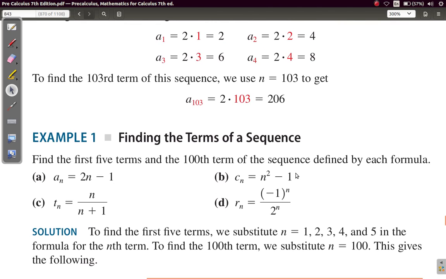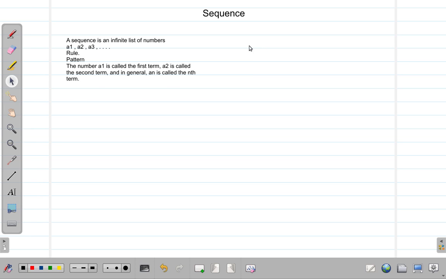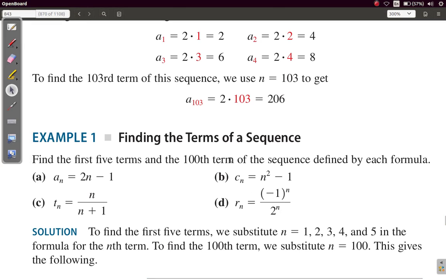Now, we're going to look at these examples. Find the terms of the sequence. You must find the first 5 terms and then the 100th term of the sequence. Let me write it here on my whiteboard. a_n is equal to 2n minus 1.